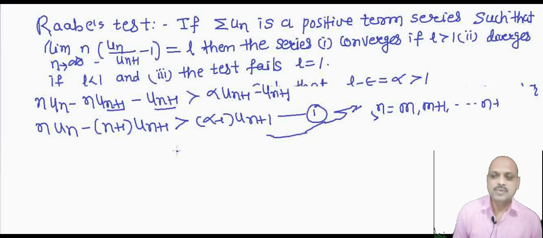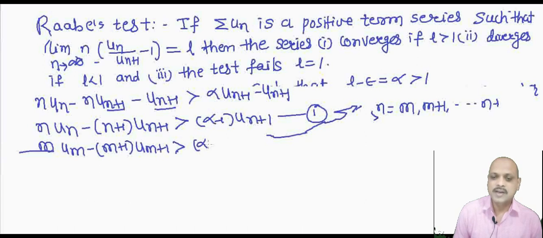If we put n equal to m, then we get m into um minus (m plus 1) into um plus 1 greater than (alpha minus 1) into um plus 1.